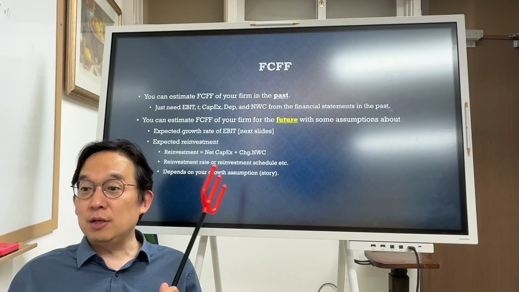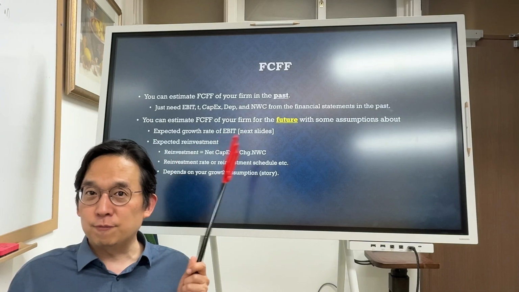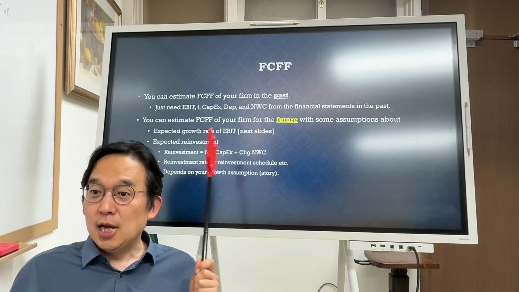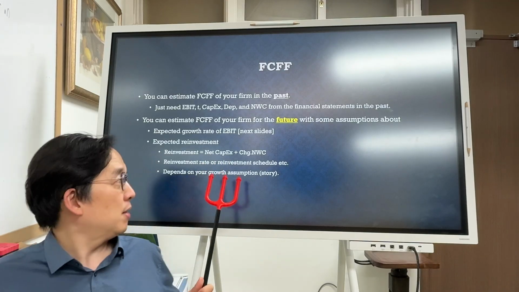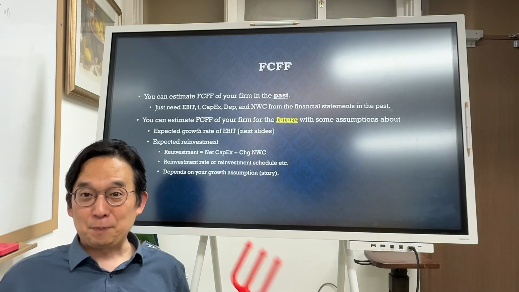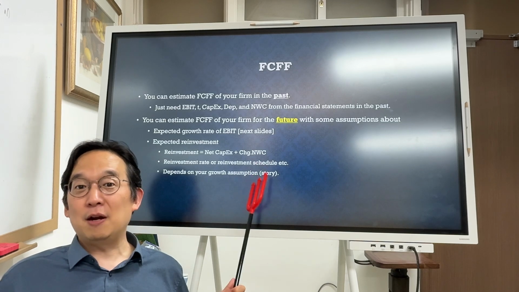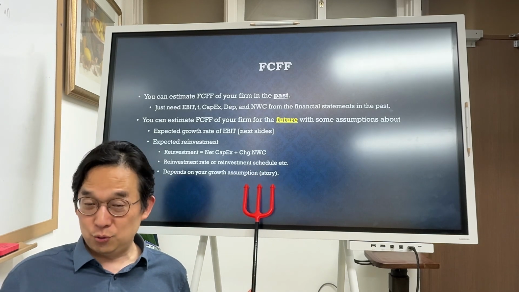And reinvestment rate or reinvestment schedule, etc. You need some assumptions to do the valuation going into the future. It depends on your growth assumptions, and it heavily depends on your imaginative story about the future. There you need a lot more creativity than you usually think.